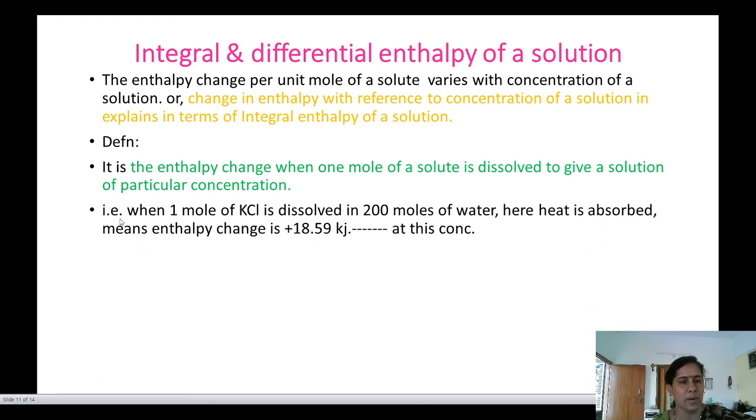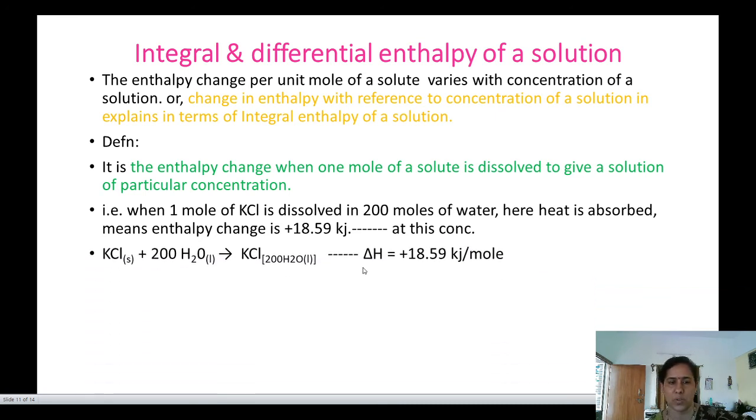As an example, when 1 mole of KCl is dissolved in how many moles of water? That is, 1 mole of KCl dissolves in 200 moles of water. Here heat is absorbed by the system, meaning enthalpy change is positive, that is 18.59 kilojoule per mole, at 200 moles of water at this concentration.